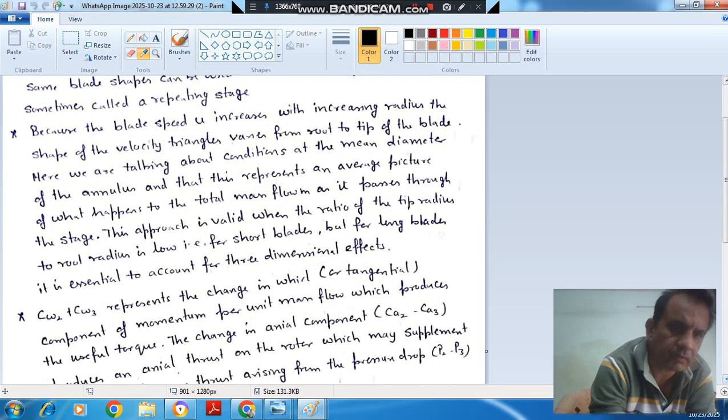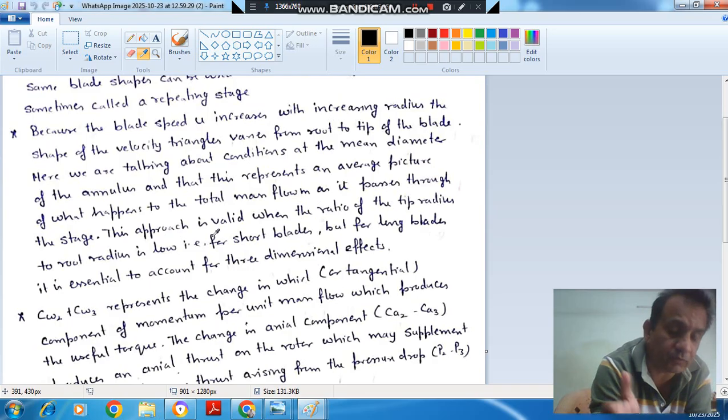Next point, because the blade speed U increases with increasing radius, the shape of the velocity triangle varies from root to tip. We are taking U as the mean speed, but it is varying from root to tip. Here we are talking about the conditions at the mean diameter of the annulus. That is, this represents an average picture of what happens to the total mass flow as it passes through the stage.